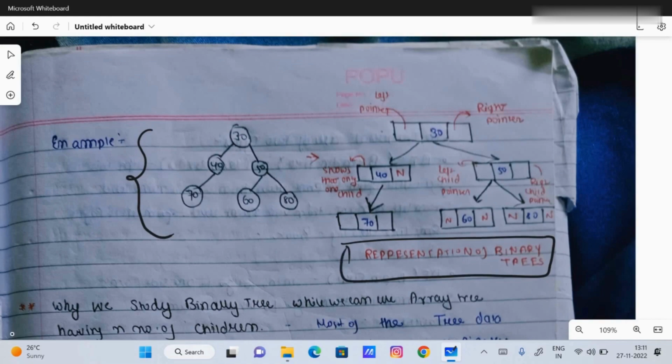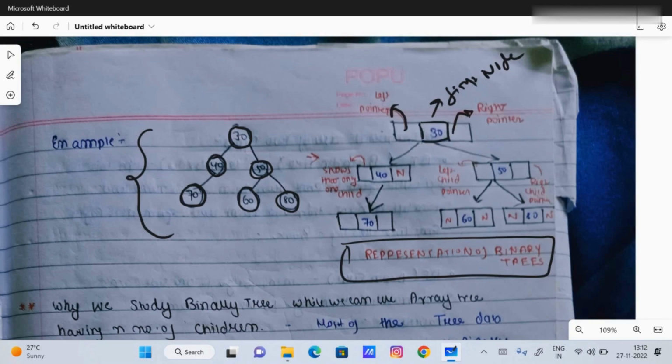Here, look, this is the root node 30, thereafter the children: left child 40, right child 70 for the next level, then 50, 60 and 80. So this is a node: left pointer, right pointer, and in the middle the value is stored, the info part.